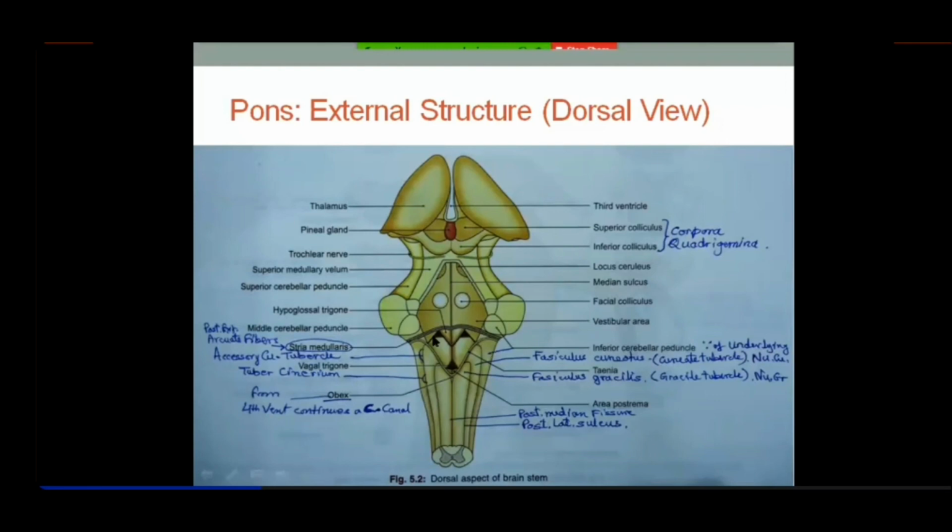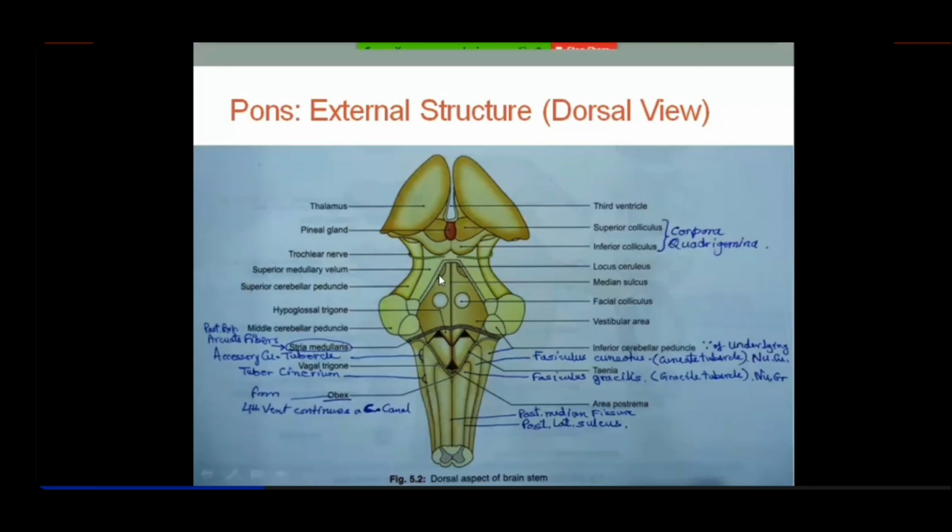Then after removing the cerebellum, what you find is the median sulcus on the floor of the fourth ventricle, or the dorsal aspect of the pons. There you find this bulging facial colliculus in the lower portion of the pons, and this locus ceruleus, these small elevations which you see, is a colored thing, which I'll discuss later on.